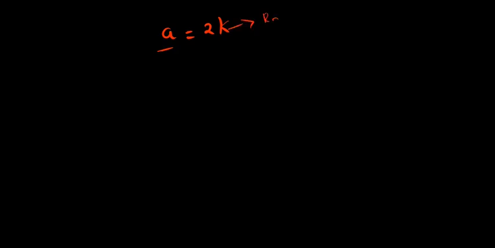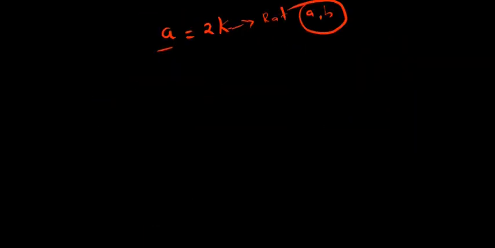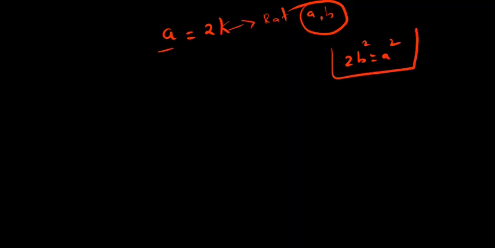If a equal to 2k, and we know from the previous thing, 2b square equal to a square. Here a equal to 2k and a square equal to 2b square, so we have to square on both sides.